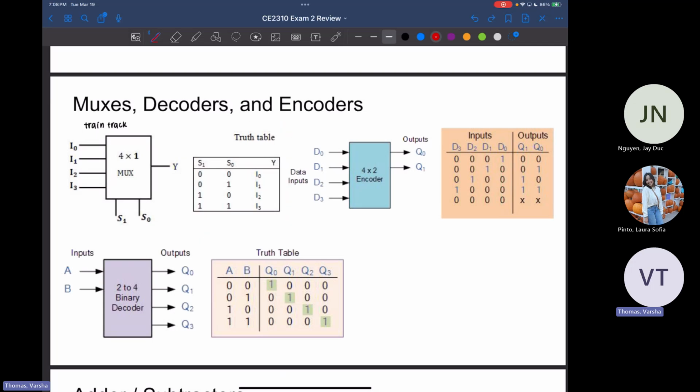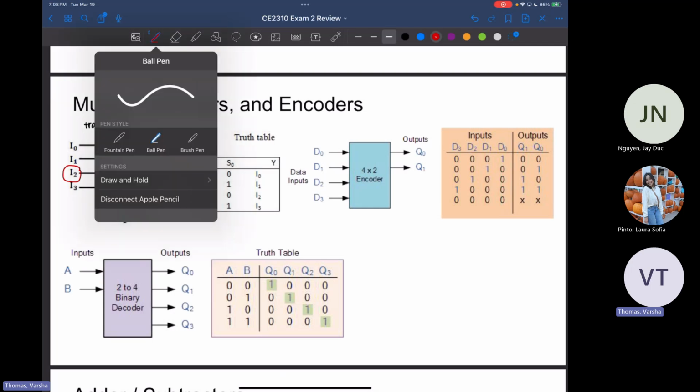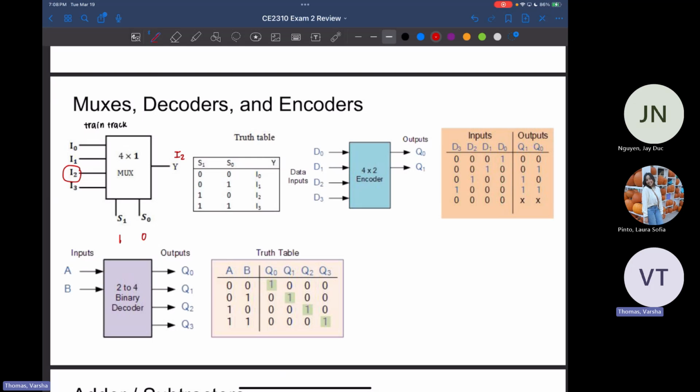But basically, let's say I wanted to have the data from I2 go through. So I want the output to be I2. I would put my select lines as the binary equivalent of that subscript, which is 2. So the equivalent of 2 in 2-bit binary is 1, 0. And so if I show here, it would look like 1, 0.